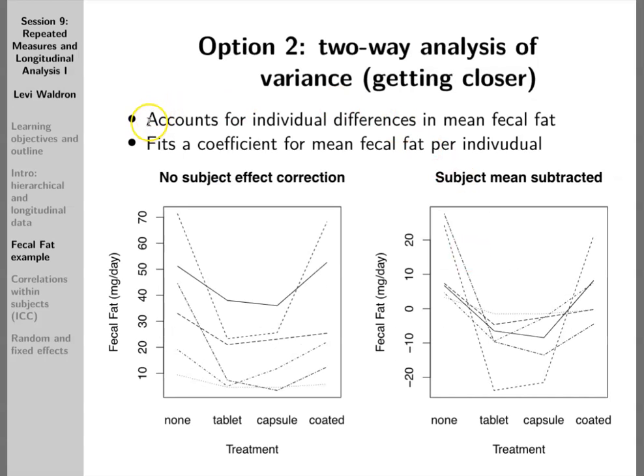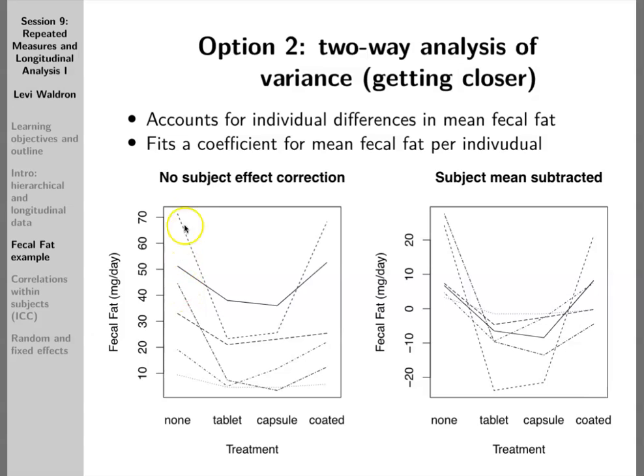So another approach that you could take, which is getting closer, is a two-way analysis of variance where it accounts not only for treatment but for individuals. So it would fit a coefficient for mean fecal fat for each individual. And just to give you a visual idea of what that looks like, this spaghetti plot here is a plot of the measurements for each individual across the 4 treatments.